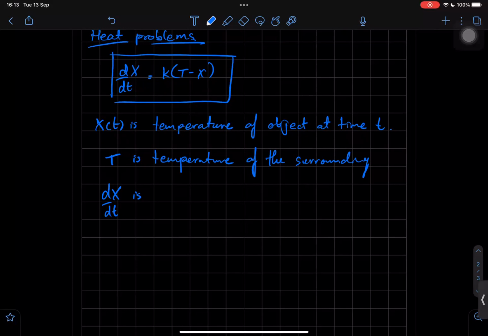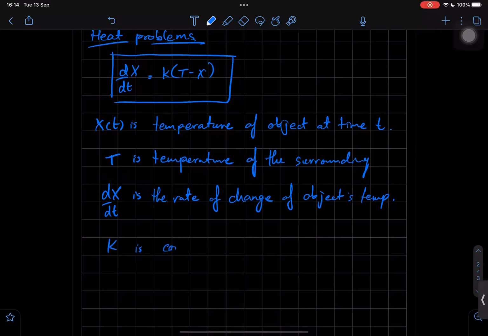The rate of change of the temperature. Okay, and k is the constant. Okay, the cooling constant.